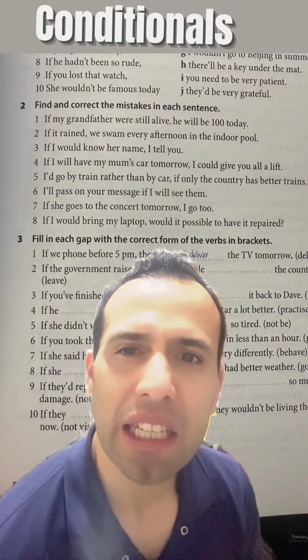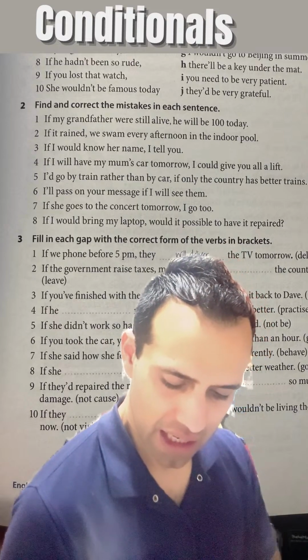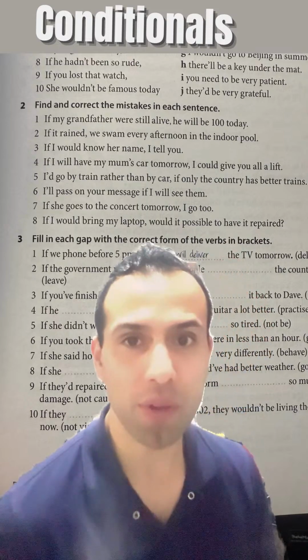So in number 4, the correct answers could be, if I had my mum's car tomorrow, as I told you before, or if I have. If I had or have, both are possible.